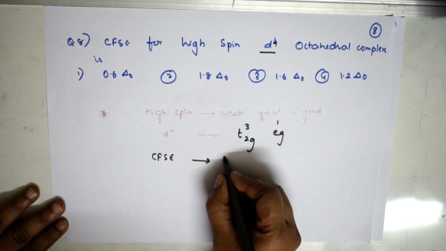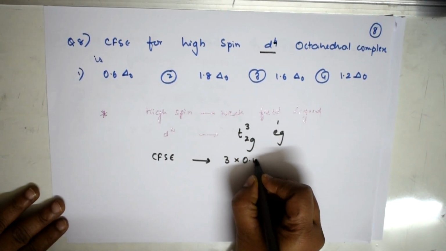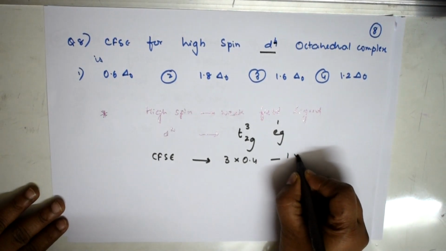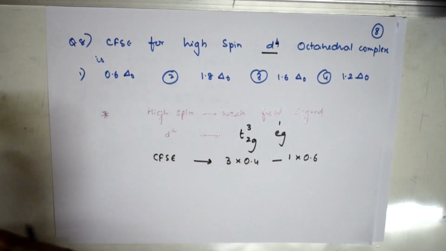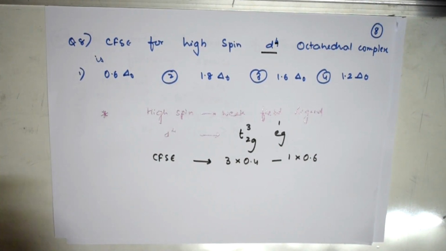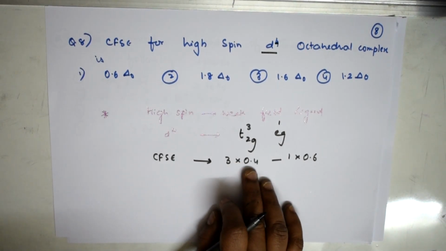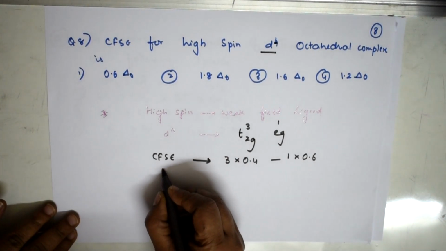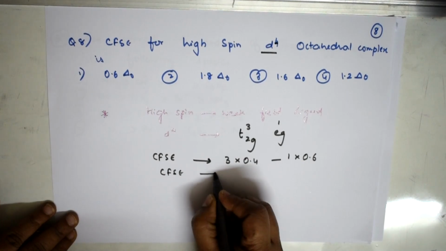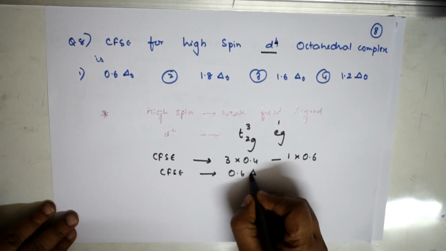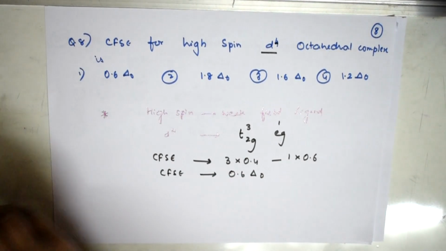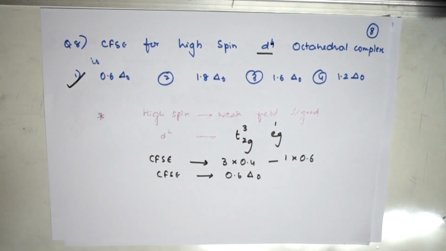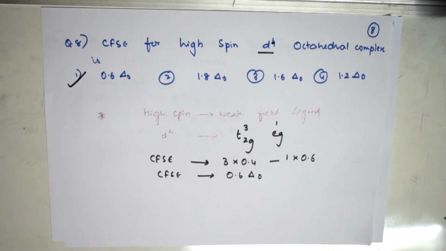We calculate 3 into 0.4 minus 1 into 0.6. We have seen the crystal field stabilization formula also. In that, this is the value which you have got. If I simplify this, CFSE comes to 0.6 delta naught. So, the correct option is A. This is simple.